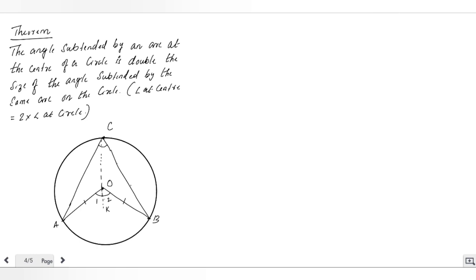Given: circle with center O, angle AOB, which is the angle the arc subtends at the center, and angle ACB.